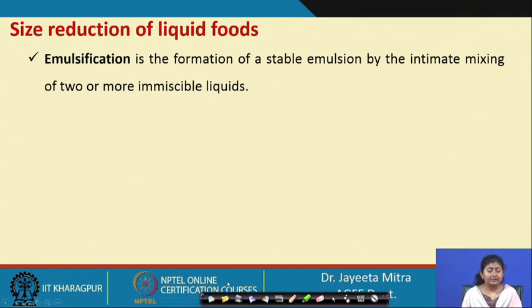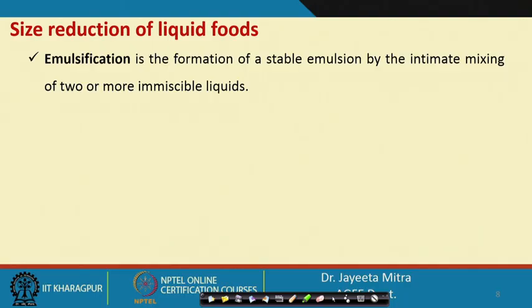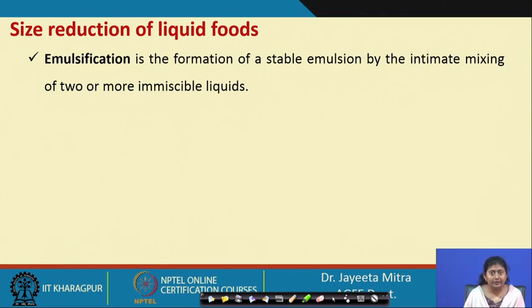Now, coming to the size reduction of liquid foods. As we have seen, for solid material there are very different applications, and very different kinds of equipment are available which work on compression, shear, impact, cutting force, etc. Now, if we look into liquid products, there also in some applications we need to make smaller particles.